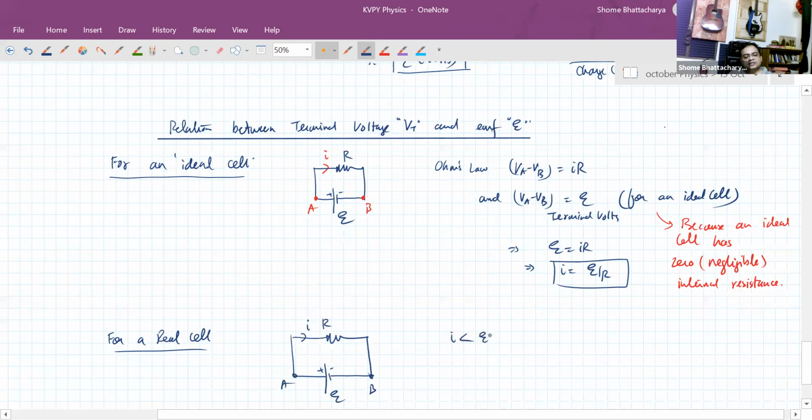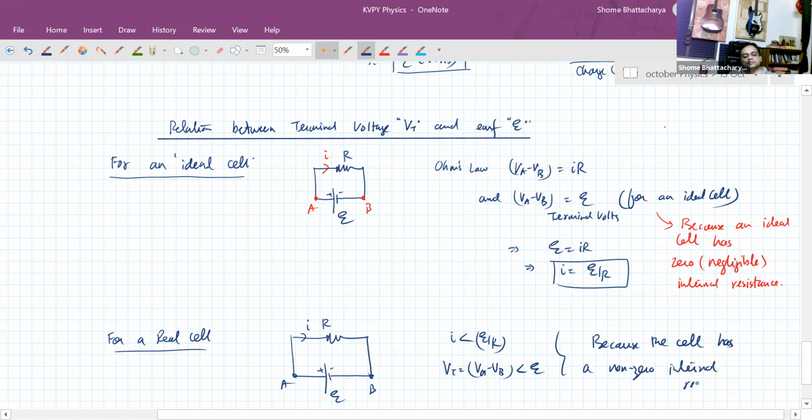I is less than E by R. And the terminal voltage, that is the voltage difference between the electrodes, is also less than E. Why does this happen? This happens because the cell has a non-zero internal resistance, which we generally denote with a simple r.